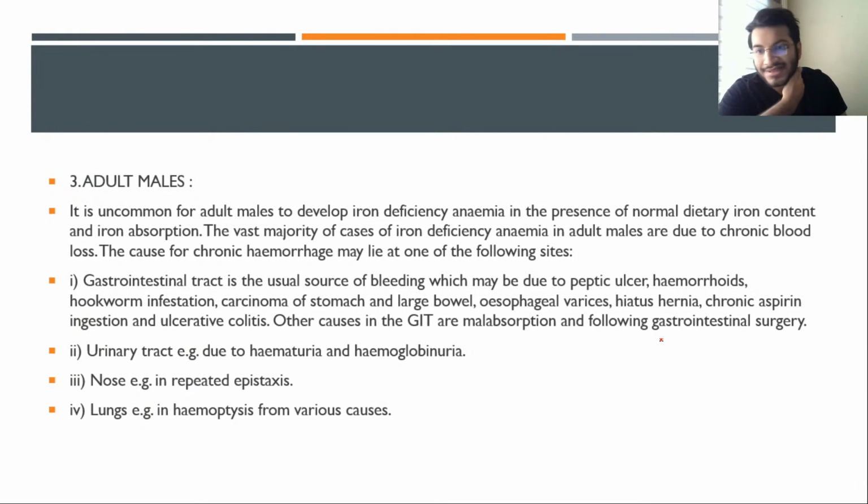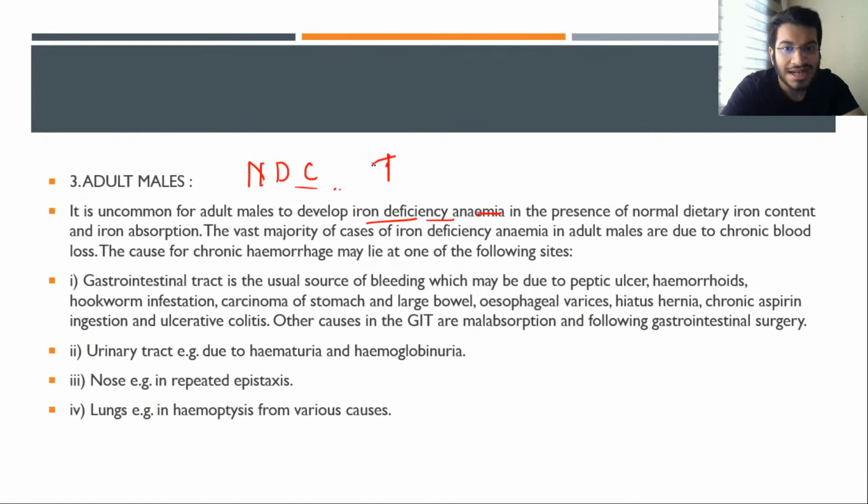Adult males. It is uncommon for adult males to develop iron deficiency anemia in the presence of normal dietary content and iron absorption. The vast majority of cases of iron deficiency anemia in adult males are due to chronic blood loss, and the cause for chronic hemorrhage may lie at one of the following sites.